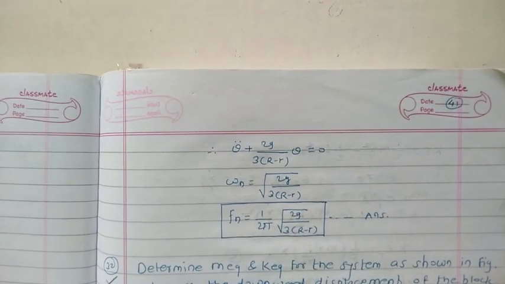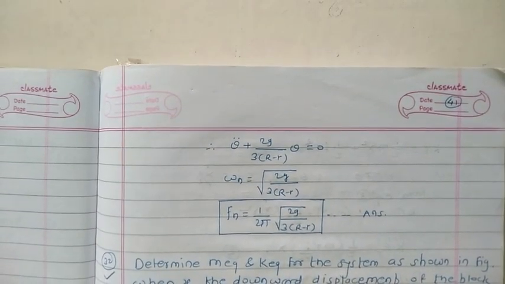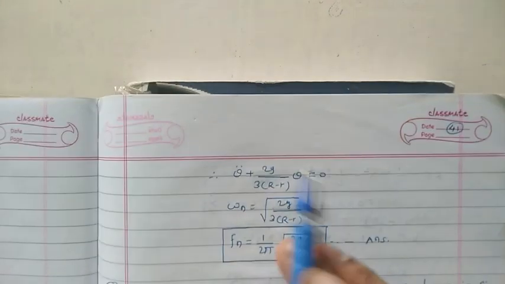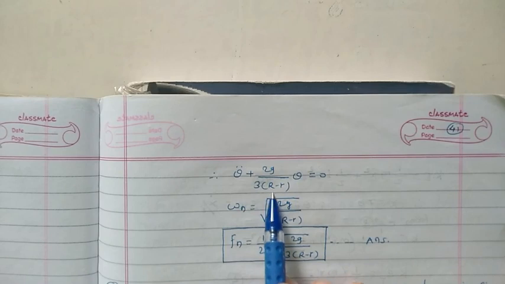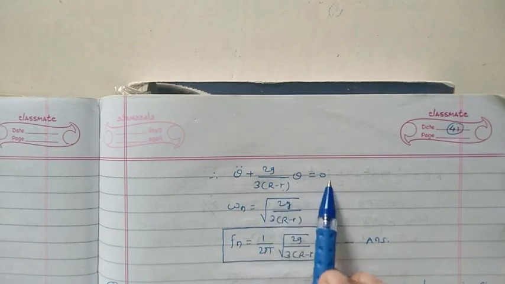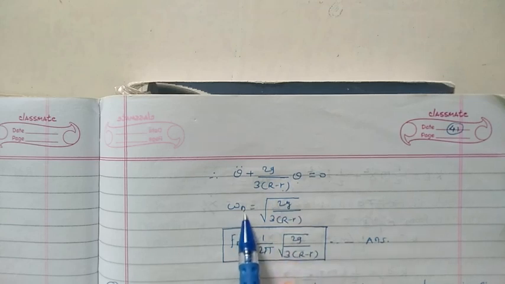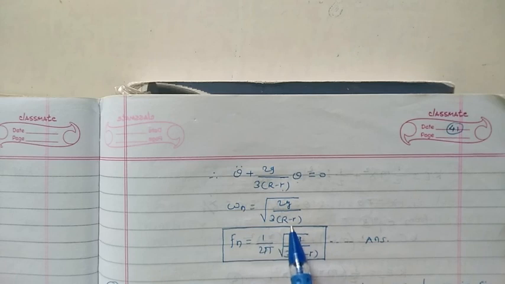So we can modify that relation this way: theta double dot plus 2g divided by 3(R minus r) into theta equals 0. If we compare this with the SHM equation, what do we get? Omega n equals the square root of 2g divided by 3(R minus r).